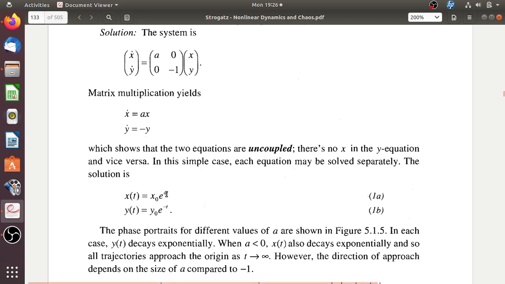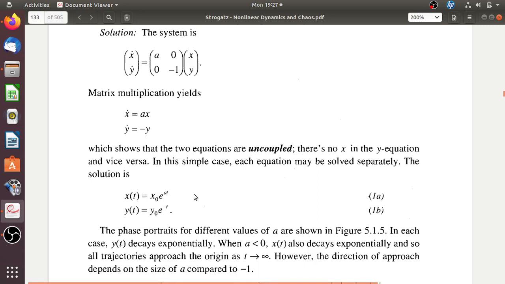Then x will also go towards 0, and y will also go towards 0. So finally, the system will end up in a state where both x and y are 0. That's an equilibrium point. For this system, 0, 0 is always an equilibrium point, and for a linear system, that's the only equilibrium point.